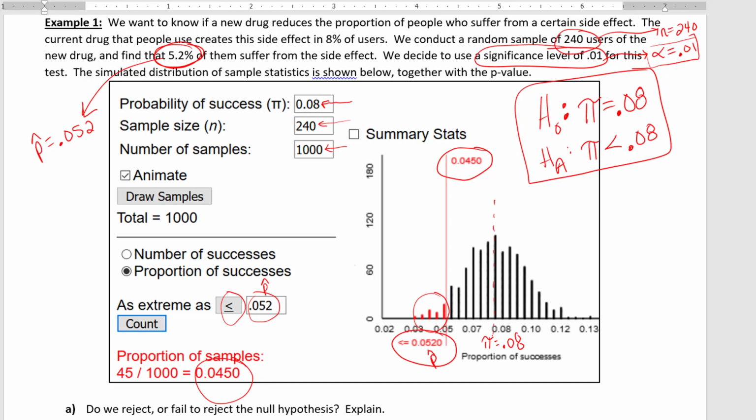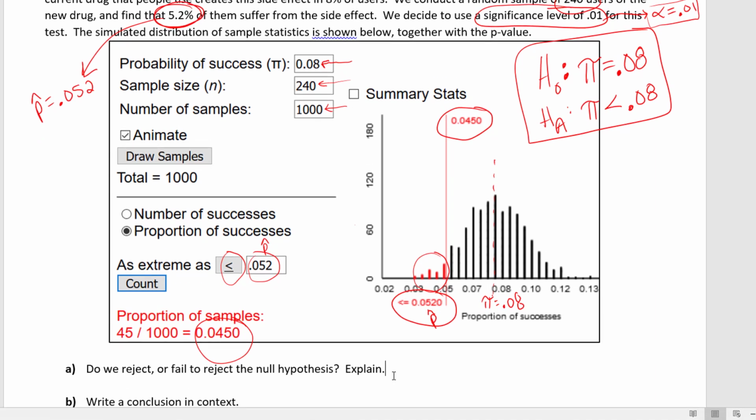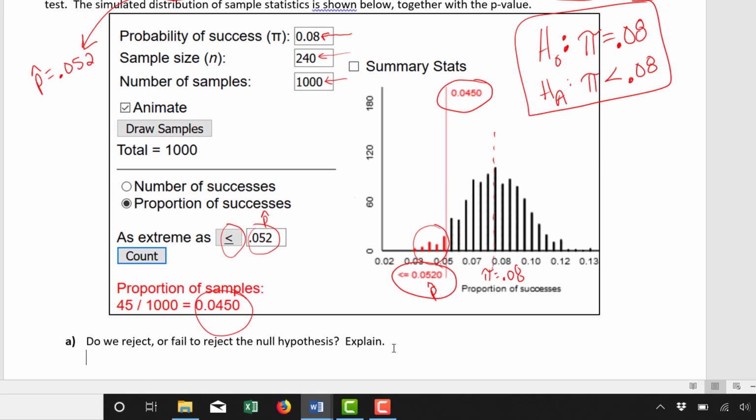So part A is asking, do we reject or do we fail to reject the null hypothesis? The answer to this is entirely based on the significance level. We're going to compare our p-value to the significance level. Our p-value is 0.045. The significance level is 0.01.